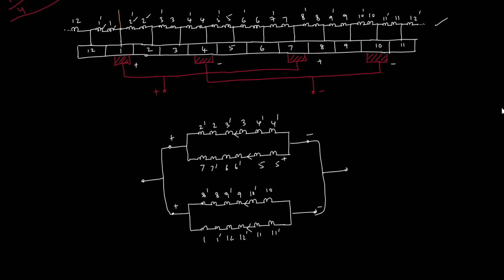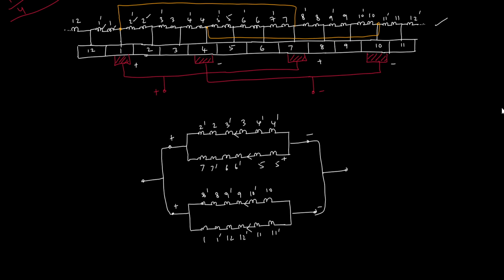This point is shorted like this, and this point is shorted like this. This is an electrical series of coils with some resistance values.